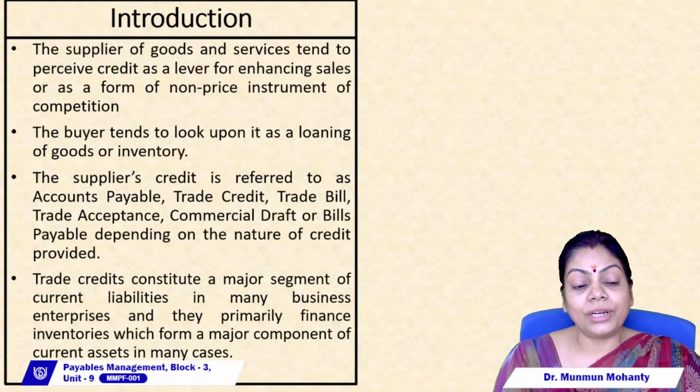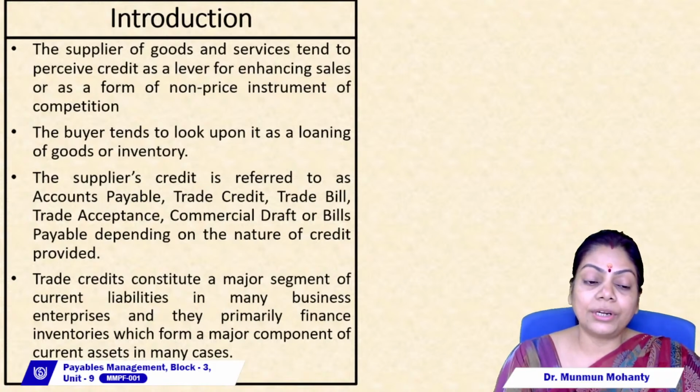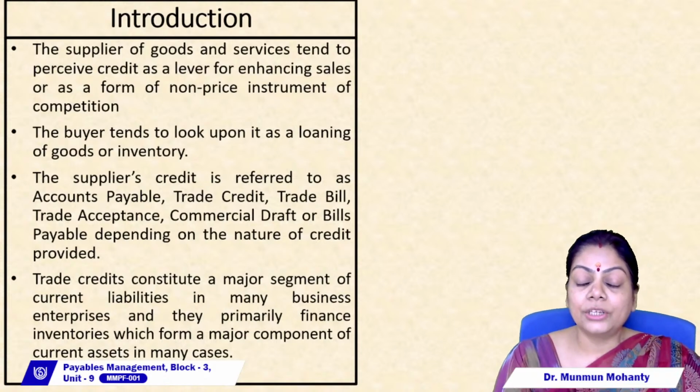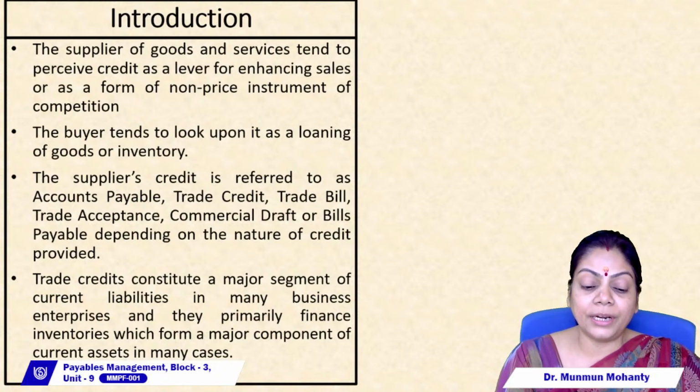In the current liability part, trade credit is a major portion, and usually businesses use this current liability as a primary component of the financing for their inventories. So this is the position of trade credit in Indian businesses.